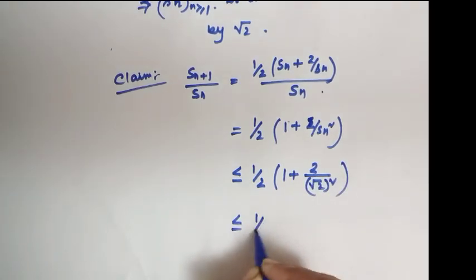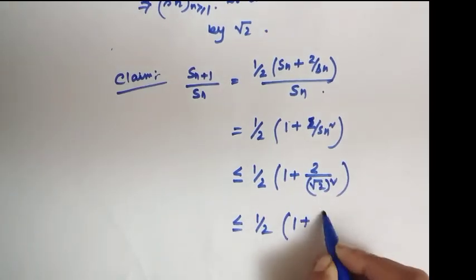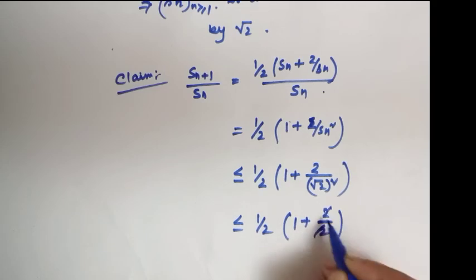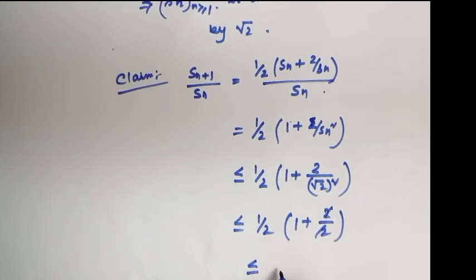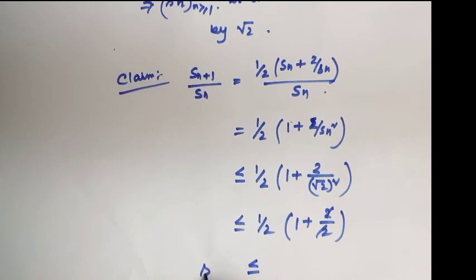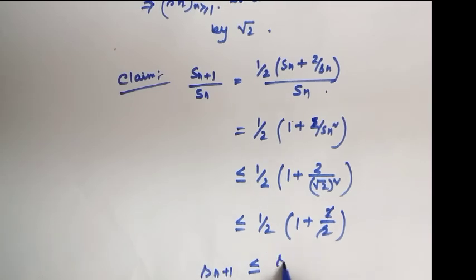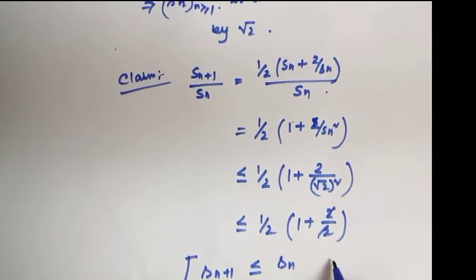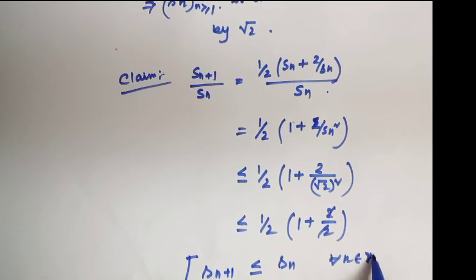This is less than or equal to 1/2 (1 + 2/2), which is less than or equal to 1. That means S_{n+1} is less than or equal to S_n for all n belonging to the natural numbers.